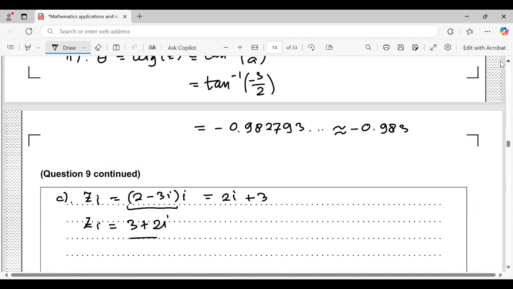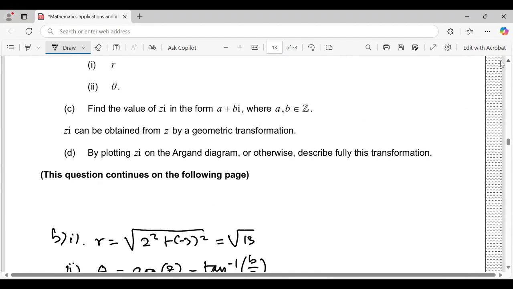Next question. Zi can be obtained from Z by a geometric transformation.